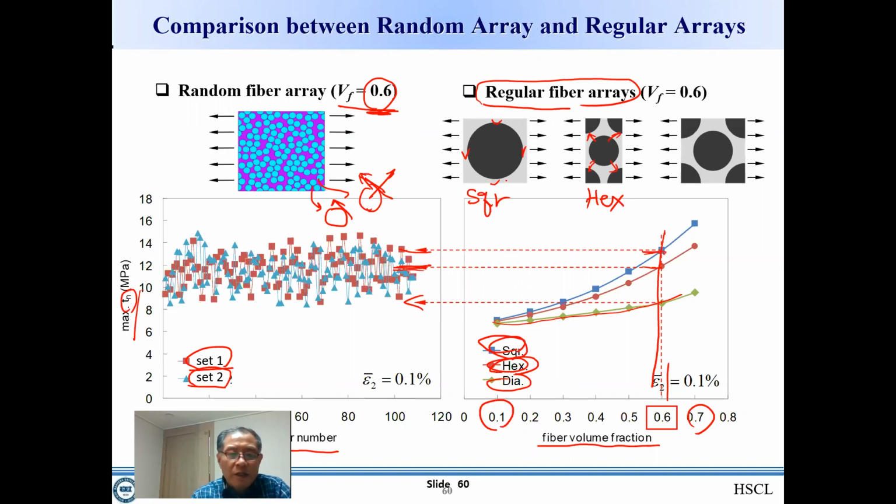So this is a good comparison between the regular and the random fibers. We cannot say which one is the best, as it is certainly a choice of the designers. But if you want to be more conservative, I recommend you select the square one. The square model is also relatively simpler than the others.